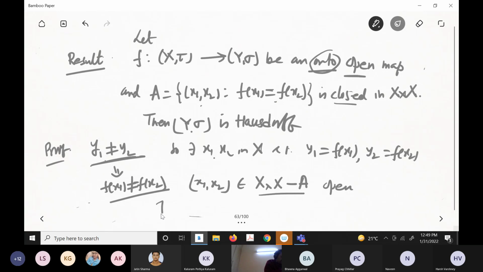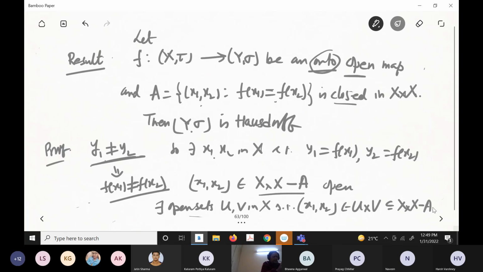So there exist open sets U, V in X such that I have this. Got it?